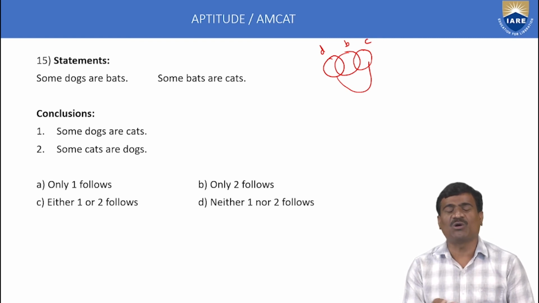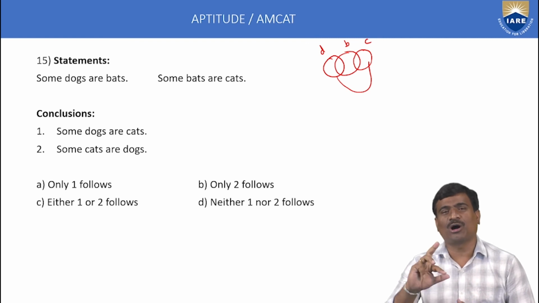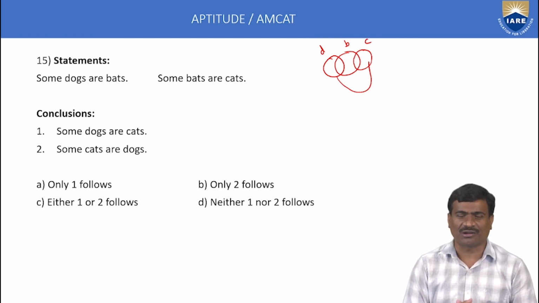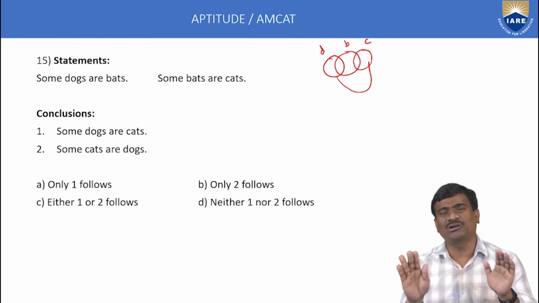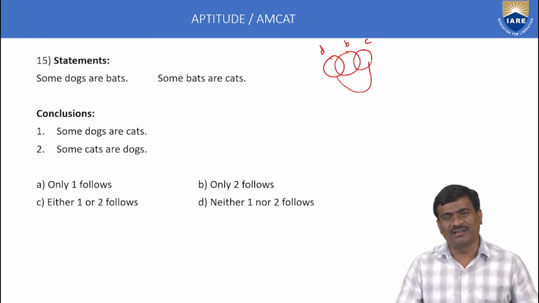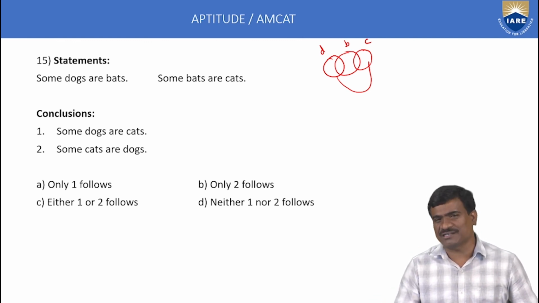If the relation is not given, select the option maybe. Maybe indicates either or. Either or means no dog is a cat, or some cats are dogs; that combination is called either or. Either or always exists only with a no statement and a some statement.